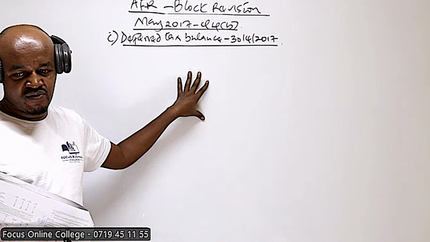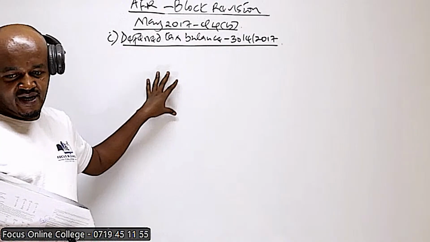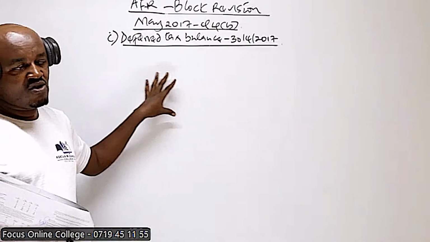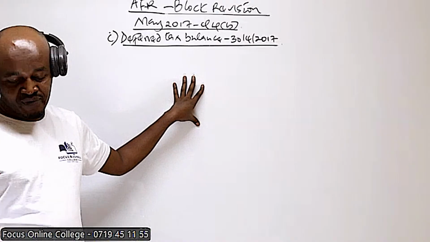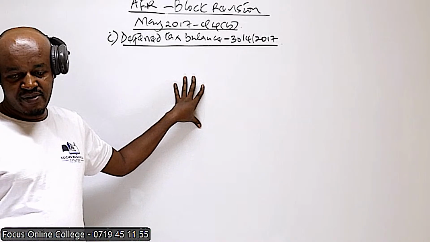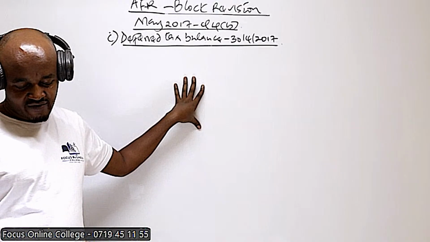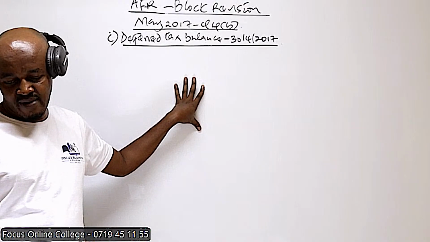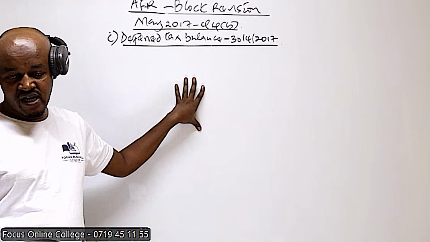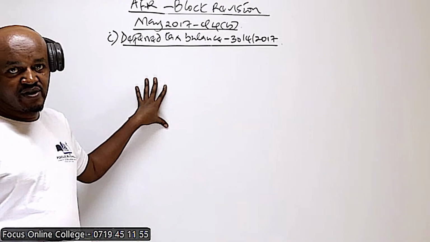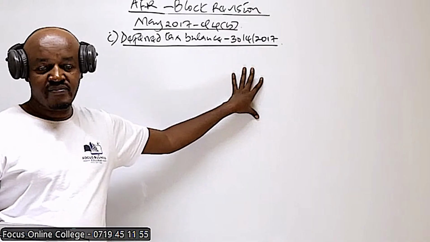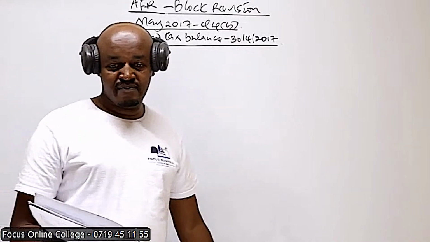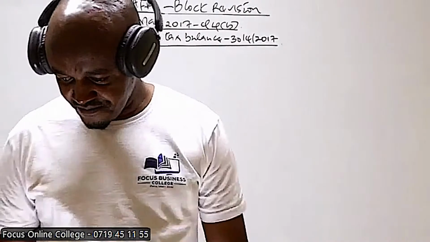We need to determine whether at the end of the year we have a net taxable temporary difference or a net deductible temporary difference. So how do we do that? We basically have to take the items given from note 1 all the way to note 7 or 8. We determine their tax base, we determine their carrying amount, and then the difference will automatically be the temporary difference.